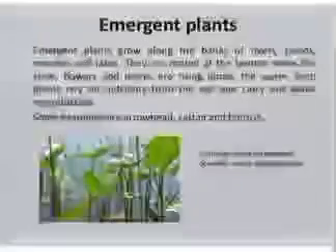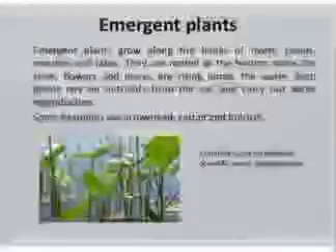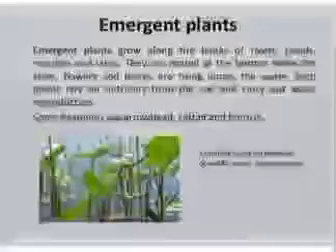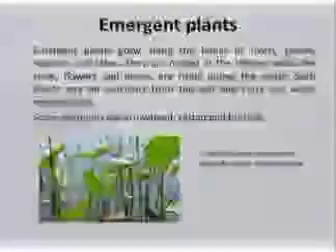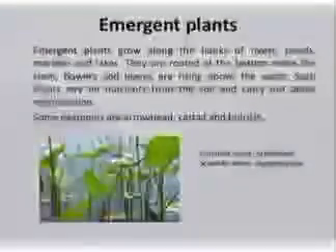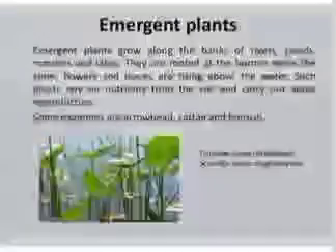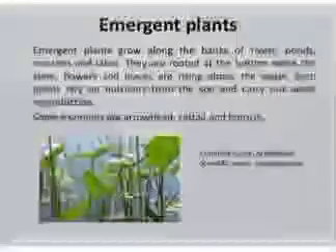Now, another type of plants found in aquatic habitats are the emergent plants. Emergent plants grow along the banks of rivers, ponds, marshes, and lakes. They are rooted at the bottom while the stem, flowers, and leaves rise above the water. So we can say that they emerge out from water.